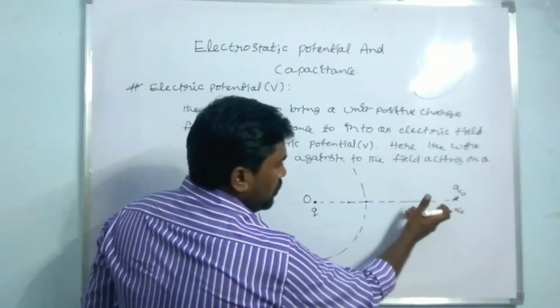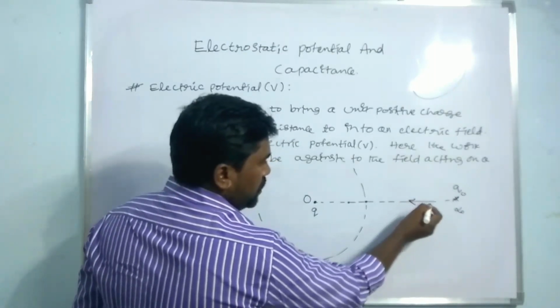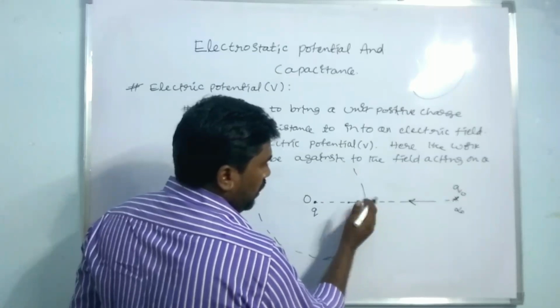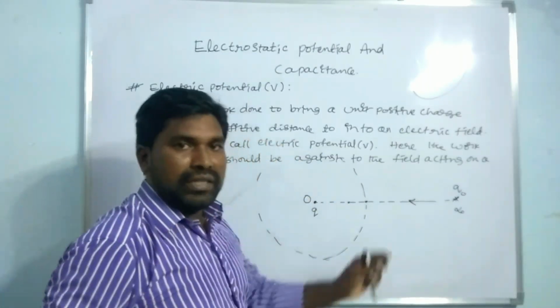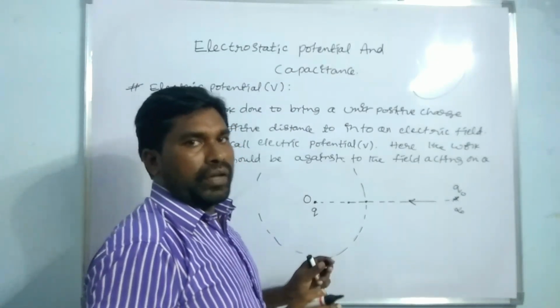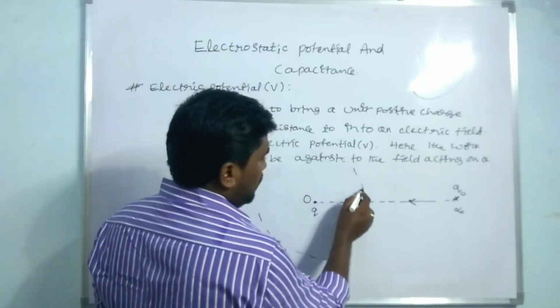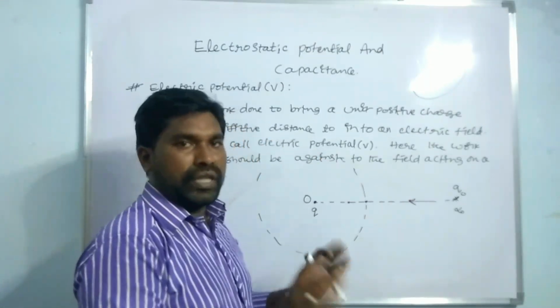Outside of this field there is no force acting on it. There is no intensity of electric field, because the field acts only up to this range. Out of this range there is no force acting.